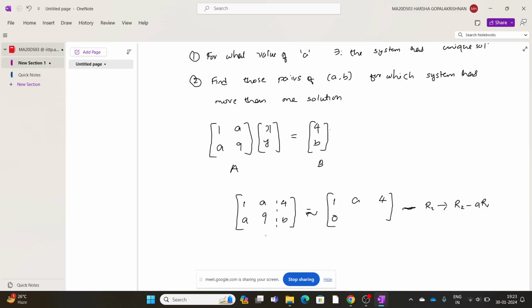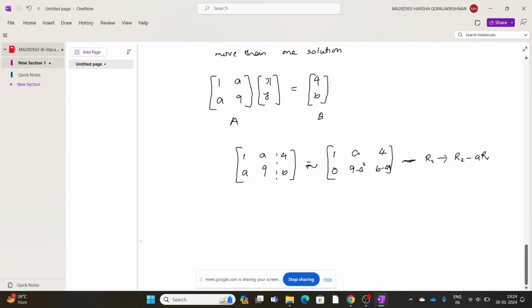So this is 0. Now the same should be applied for all the elements in this second row. So the second element in the second row will be 9 minus a times a, that is 9 minus a square. And here it will be b minus 4a. Clear?